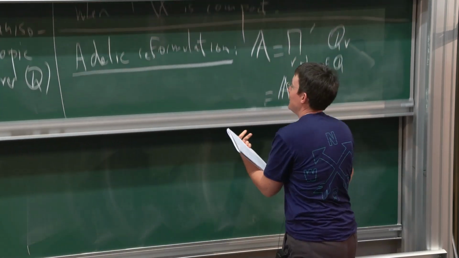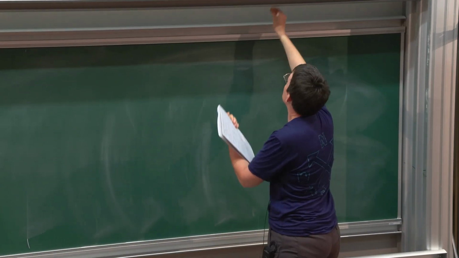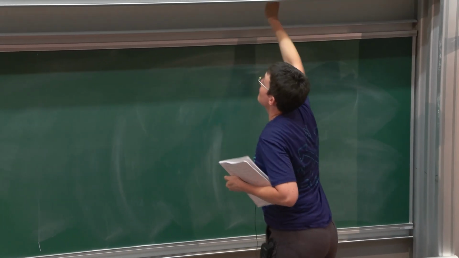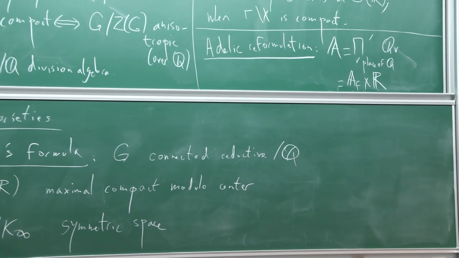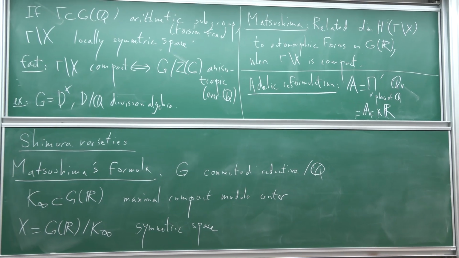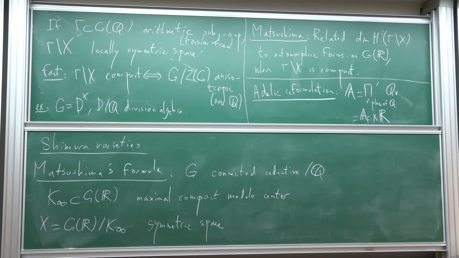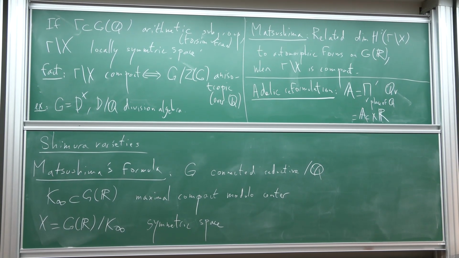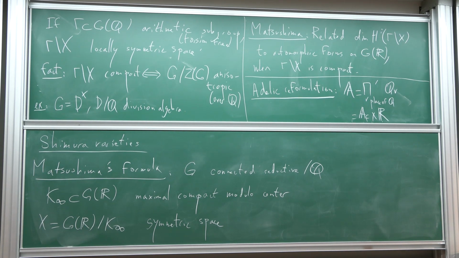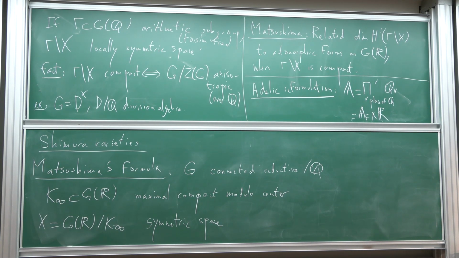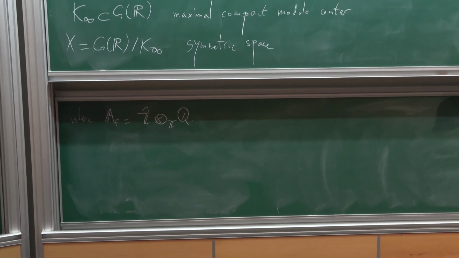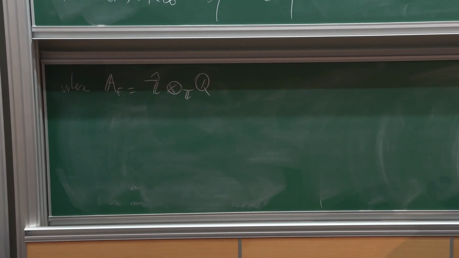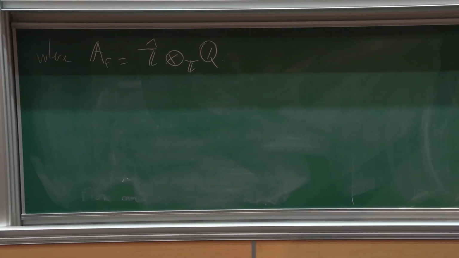Oh, finite Adeles. Okay. Well, finite Adeles is just this thing. So this is a locally compact topological ring.